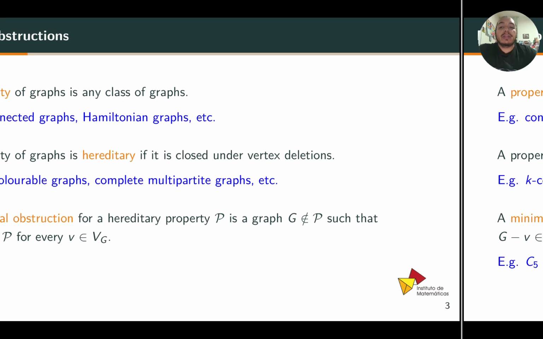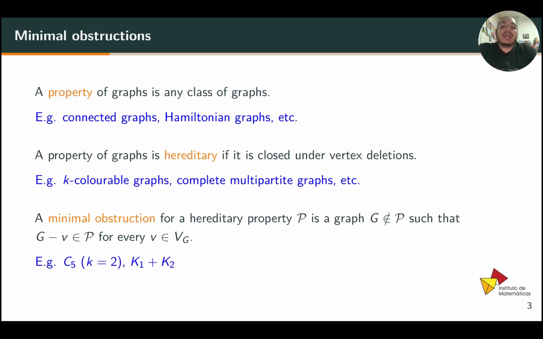For example, for the case of bipartite graphs, we have the 5 cycle, which is not a bipartite graph for sure, but if we delete one vertex, any of them, we obtain a graph which is isomorphic to P4, which is in fact a bipartite graph.